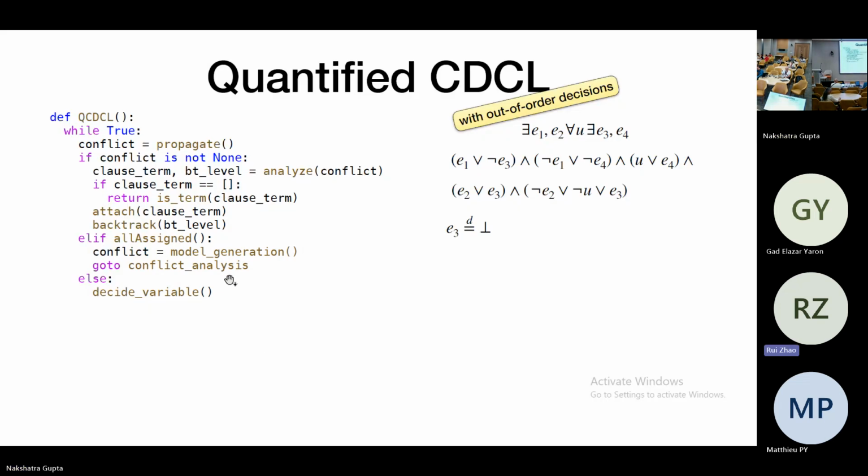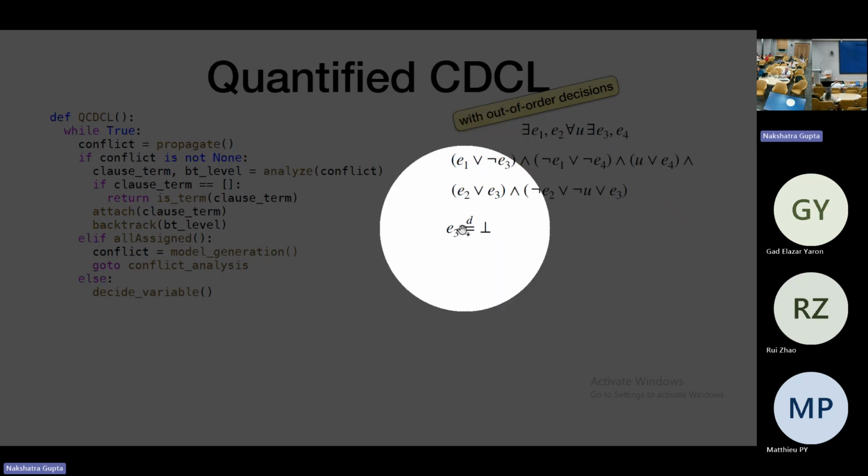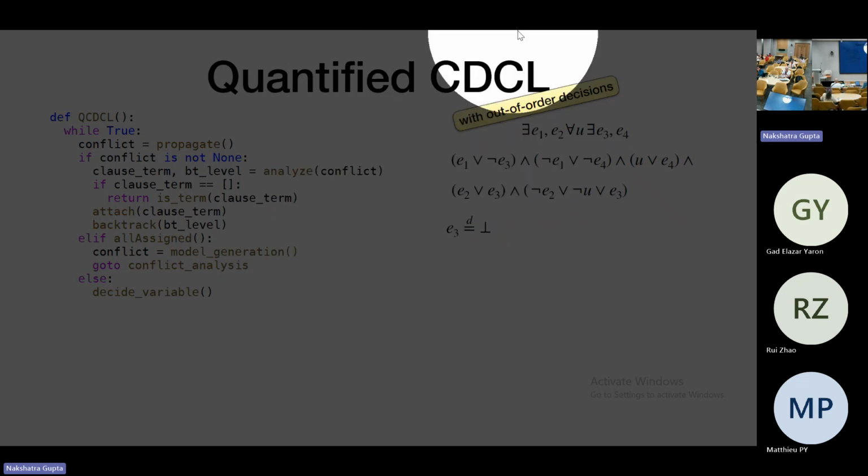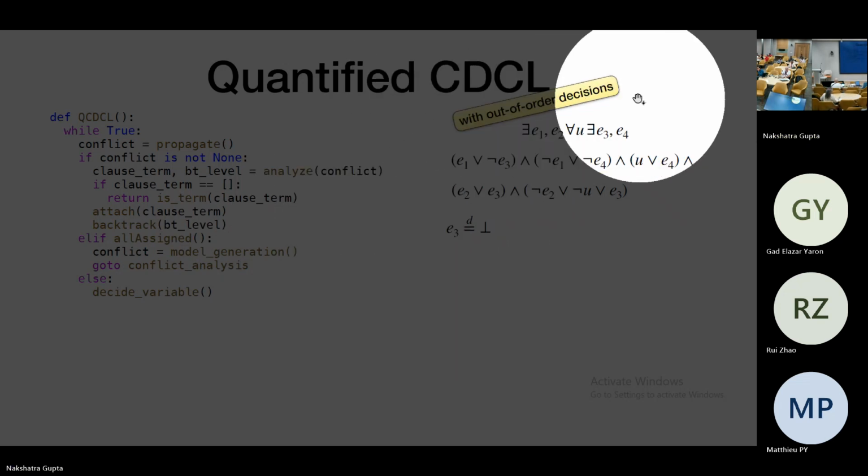The restriction is that you have to pick a variable from the leftmost quantifier prefix that still has unassigned variables. Let's ignore that for the moment and just choose a variable from some other quantifier block. So here, let's start with E3, which is in the last quantifier block.